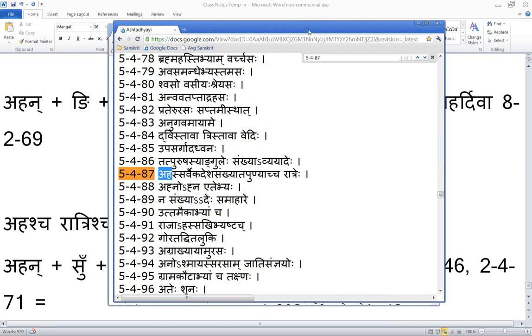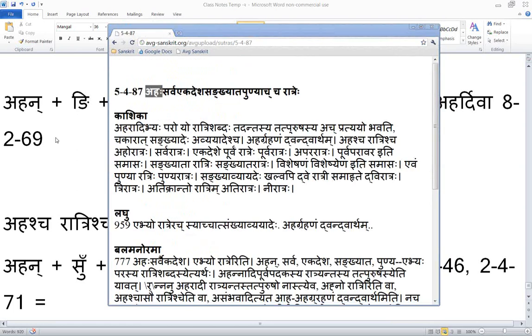It's a tough pronunciation, and there's also a typo here, making it even more difficult. So ahan is here, and this Kaumudi says ahar gahanam dvandvartham.